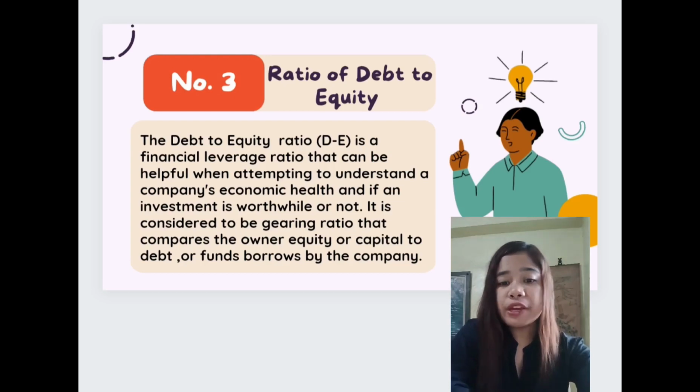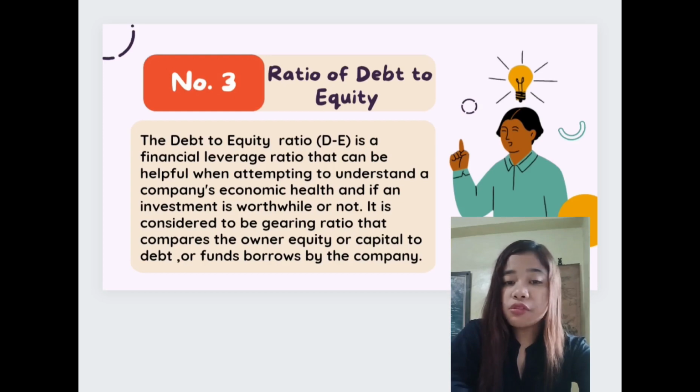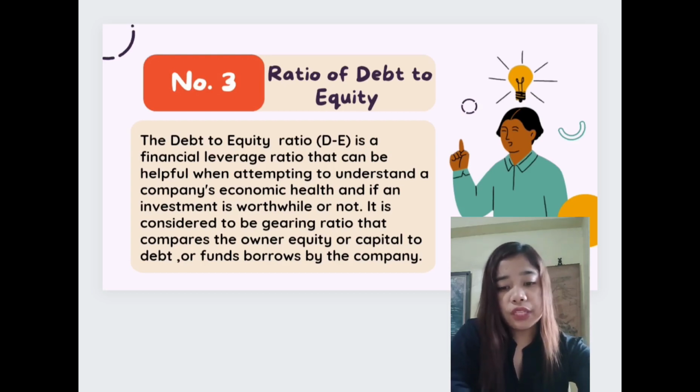This ratio compares a company's total liabilities to its shareholders' equity. It is widely considered one of the most important corporate evaluation metrics because it highlights a company's dependence on borrowed funds and its ability to meet those financial obligations. Because debt is inherently risky, lenders and investors tend to favor businesses with lower debt-to-equity ratios.